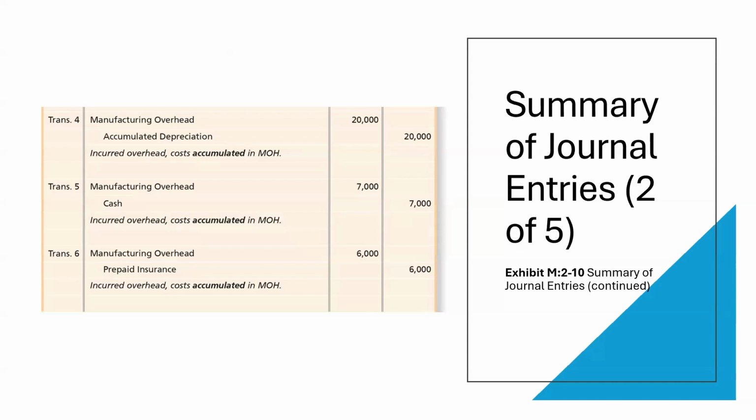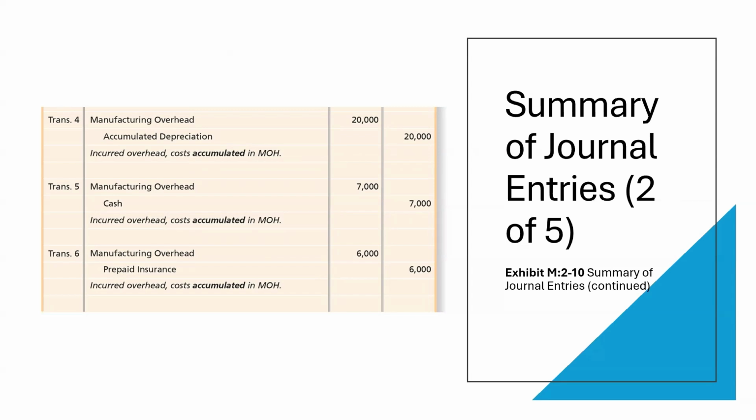Exhibit M2-10 also lists all the journal entries illustrated in the chapter, and here you see transactions 4 through 6 on this slide. Transaction 4, the accounts are manufacturing overhead, a debit of $20,000, and accumulated depreciation, a credit.